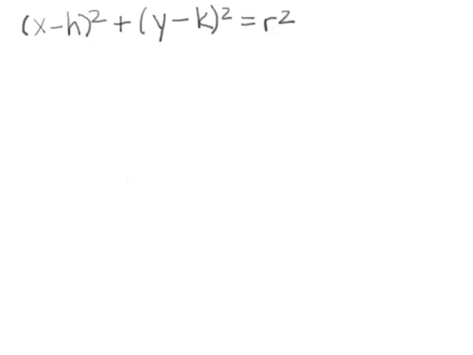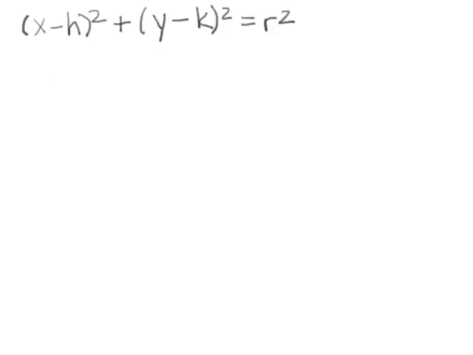Okay, so let's start with two types of examples in this video, and then I'll save some other ones that have to deal with graphing for the next video. We want to be able to pull information out of this form, this x minus h squared, plus y minus k squared equals r squared. We want to pull some information out.